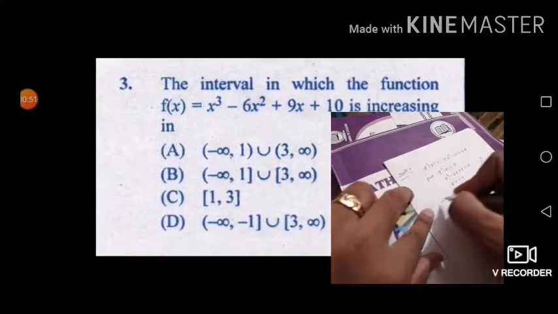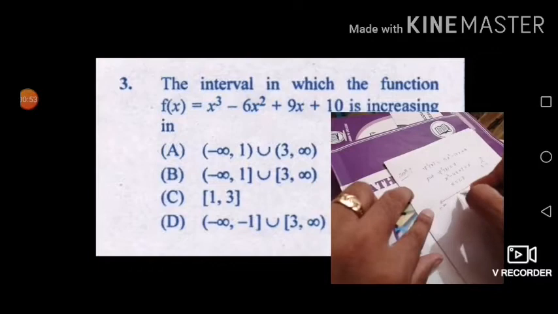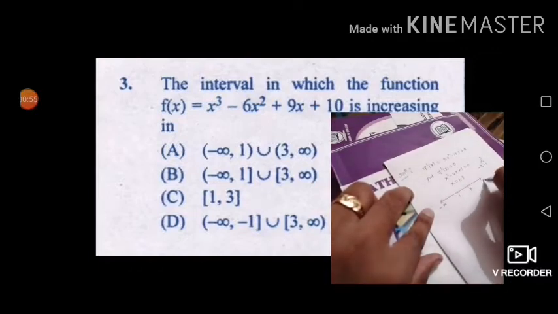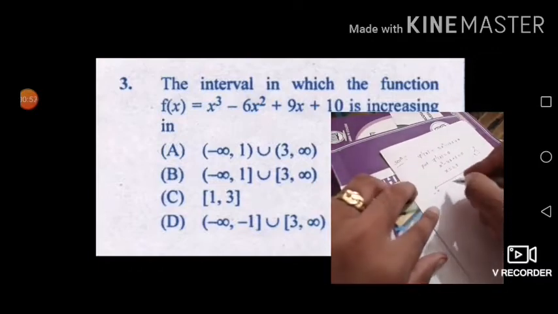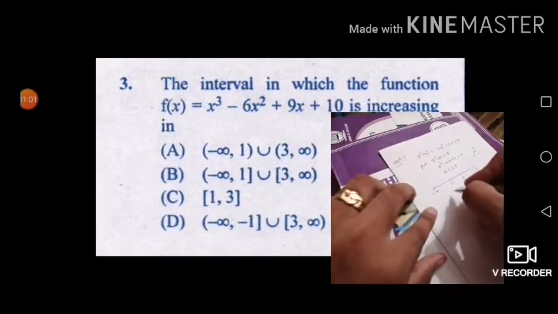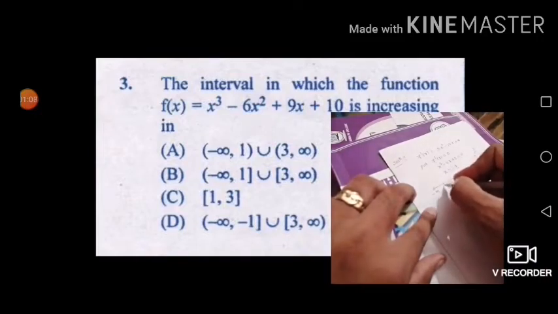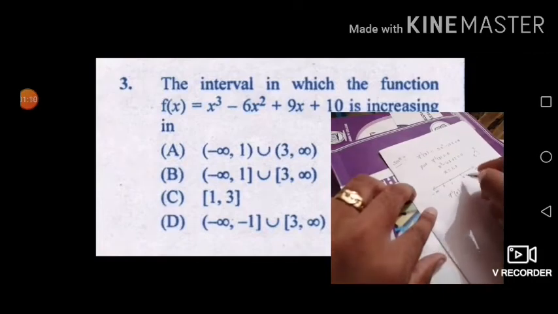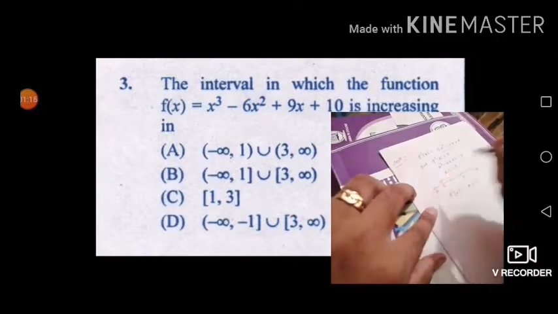The intervals are minus infinity to 1, 1 to 3, and 3 to plus infinity. Now here our f dash of x should be greater than 0. For that purpose I am taking a value in between, so I am taking 0. When I substitute in this equation, I got 9. 9 is greater than 0, so here it is increasing.